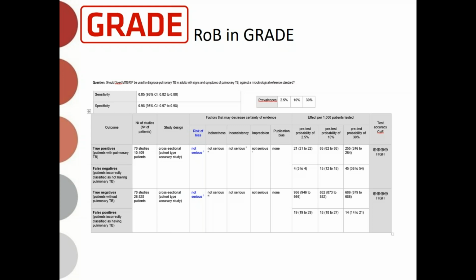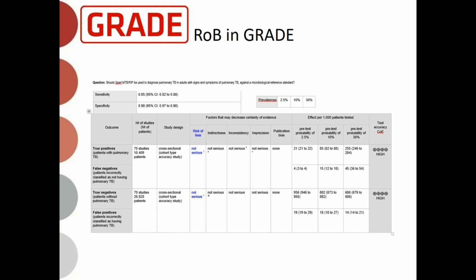And risk of bias is one of the factors that's considered in the GRADE assessment. So this is an example from a review that I was involved in, where we looked at the risk of bias assessment and incorporated that into the overall GRADE assessment of certainty of evidence.